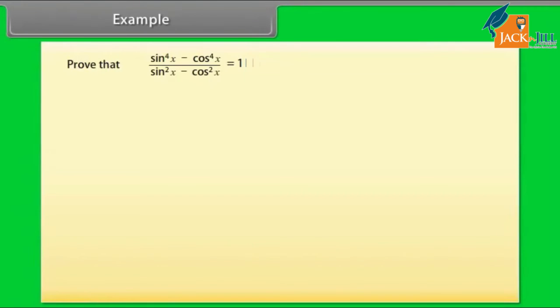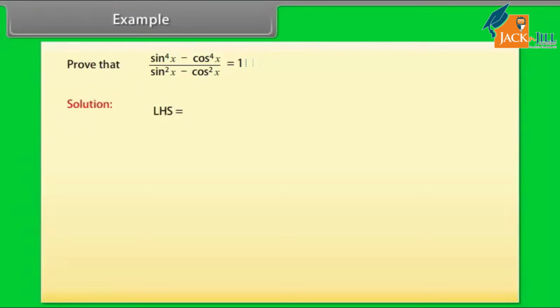Example 2. Prove that sin raised to the power 4x minus cos raised to the power 4x, whole upon sin square x minus cos square x, is equal to 1. Solution.